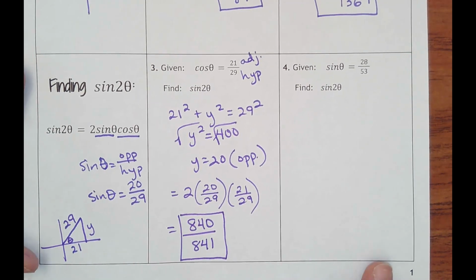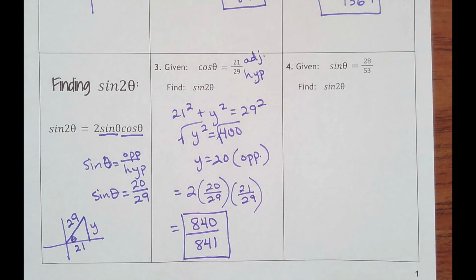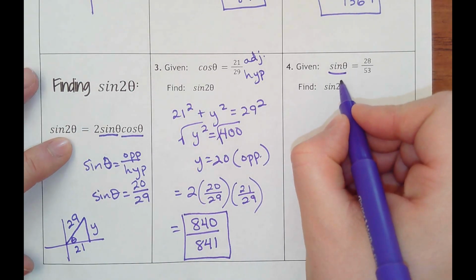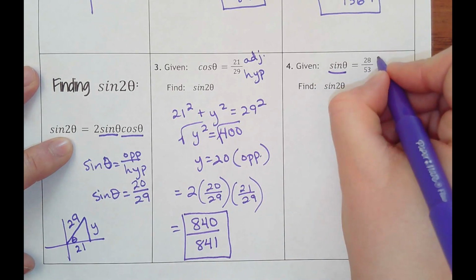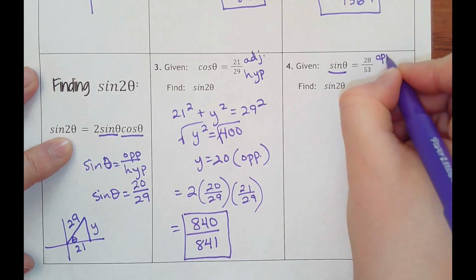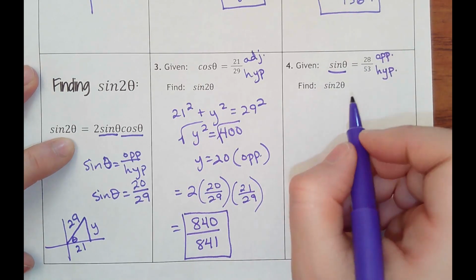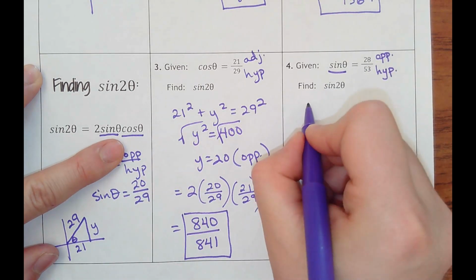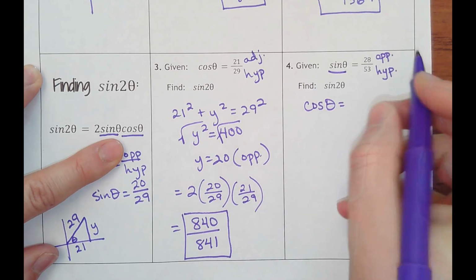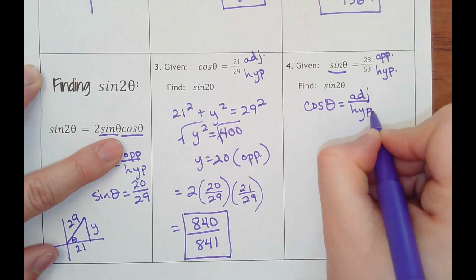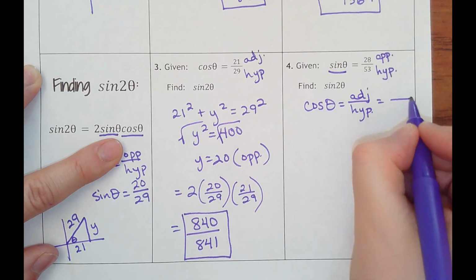All right, and then number 4, the only thing that's different is they're giving us sine this time instead of cosine, but we're still asked to find sine of double the angle. So this is my opposite leg over my hypotenuse. To find the cosine ratio, I'm going to need adjacent over hypotenuse. I already know the hypotenuse is 53.